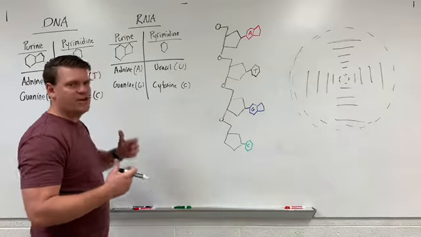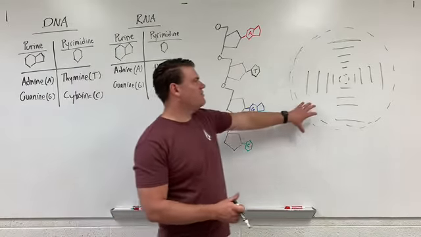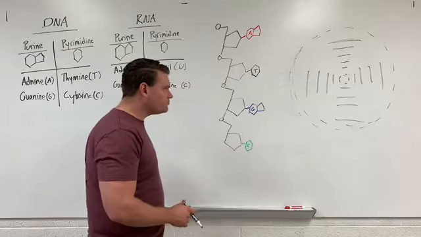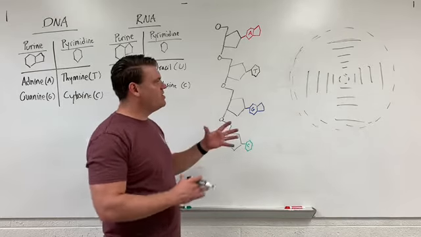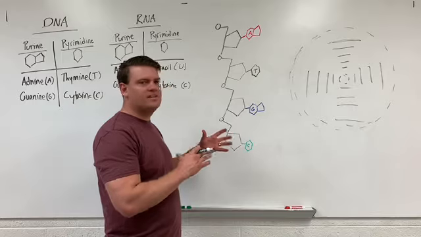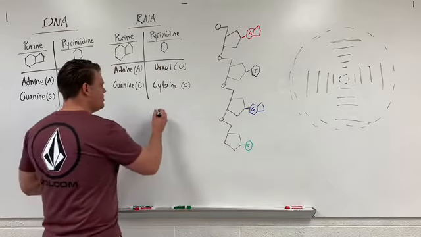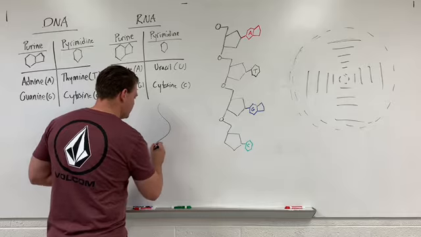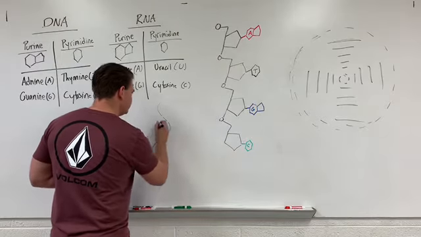So we've already talked about how DNA is double-stranded, but that all came from this crystallography. And not only that, it was in a double helix. We've talked a little bit about that double helix, that twisted ladder type of looking thing.